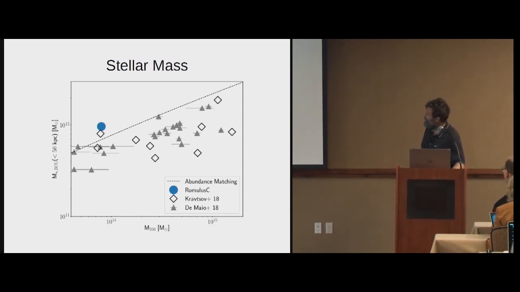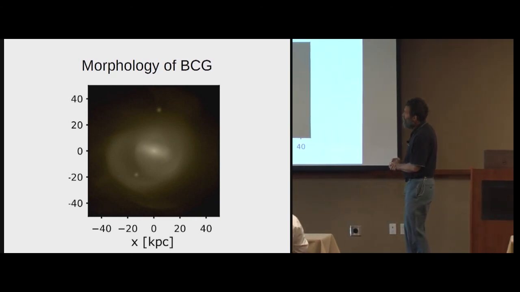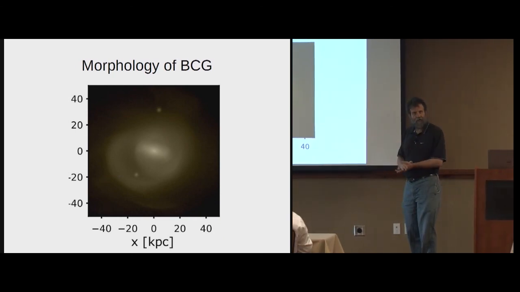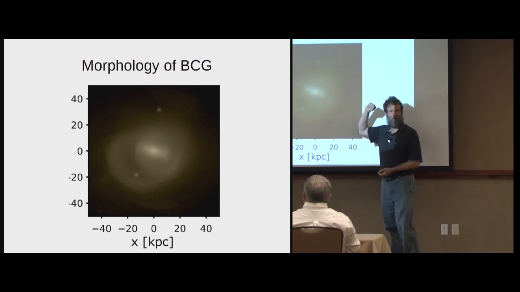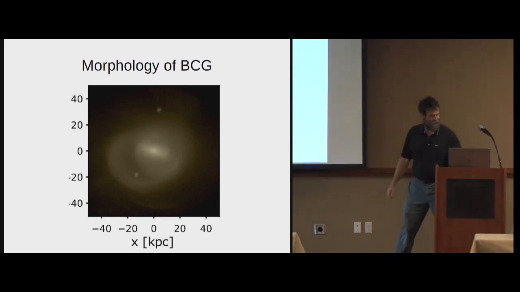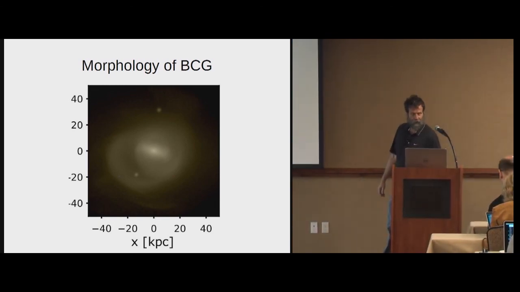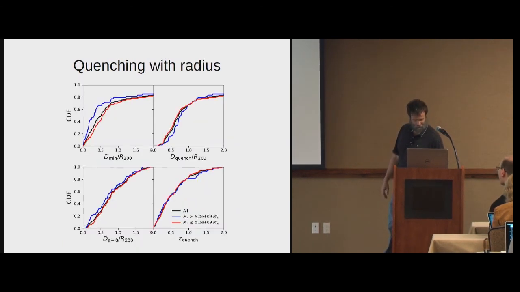The galaxy fits on the stellar mass halo mass relation. The morphology, well, this is not M87, so little issue with the morphology. One interesting thing has happened at this, a recent merger obviously has disturbed this galaxy. So that's why it's not looking so smooth. Star formation's being quenched.